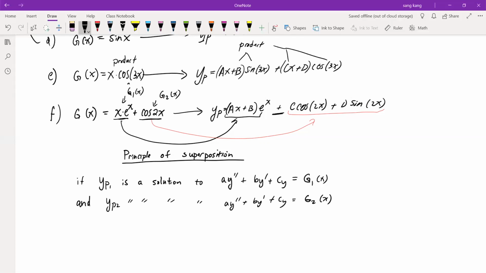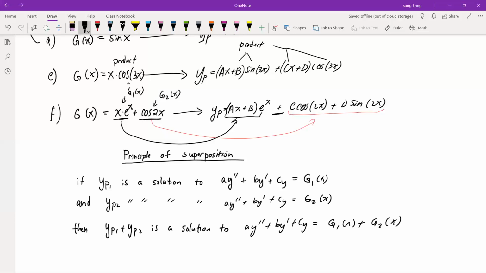Then yp1 plus yp2 is a solution to a y double prime plus b y prime plus c y equals g1 plus g2, okay? So now this matches our case F that we have here, okay?